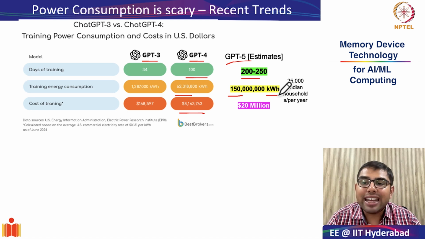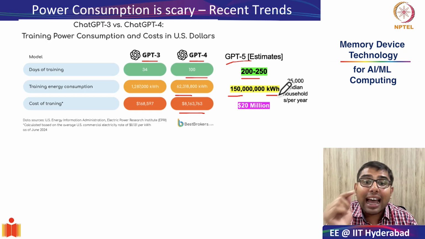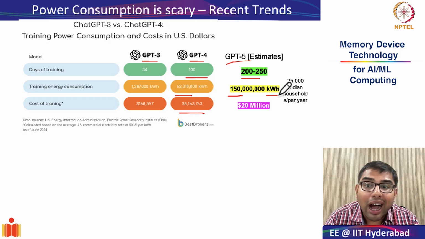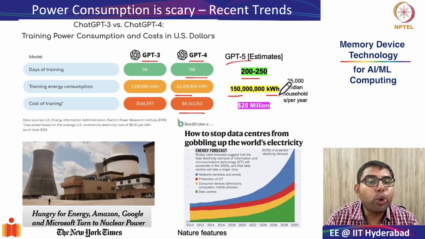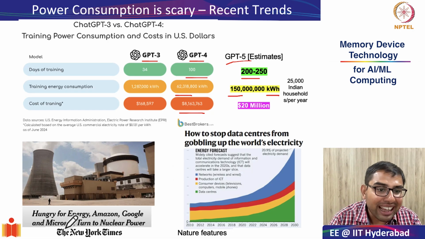The largest barrier to scaling the next generation of large language models may not be algorithmic innovation, but it may be how do you power them and how do you keep up this infrastructure, which is highlighted by recent news and recent trends that you can see in the New York Times.